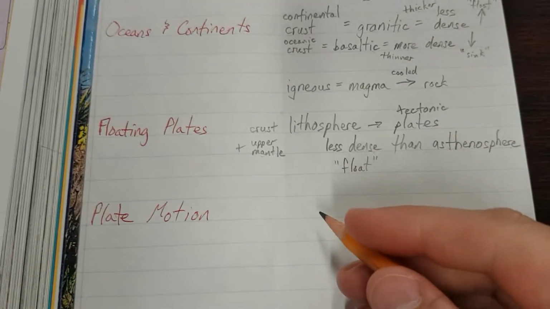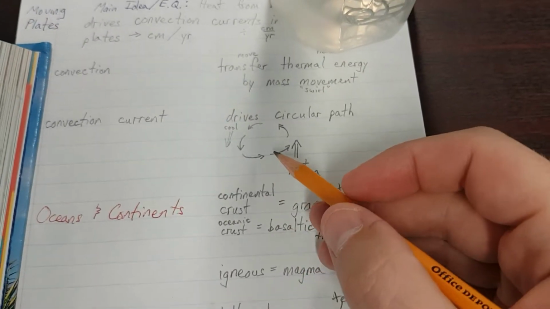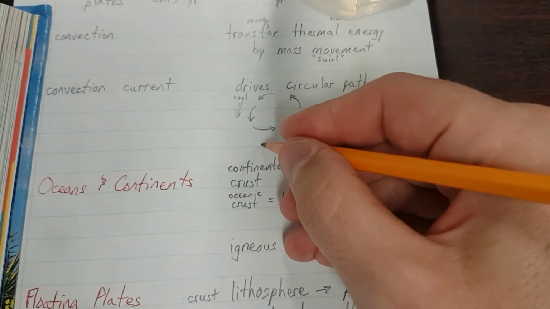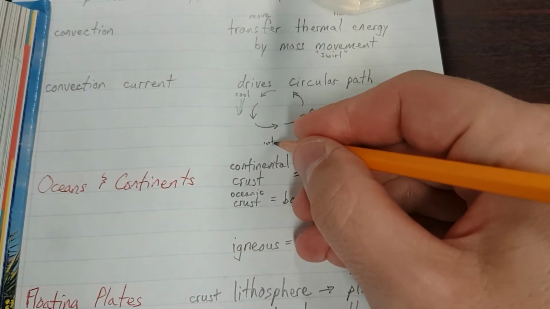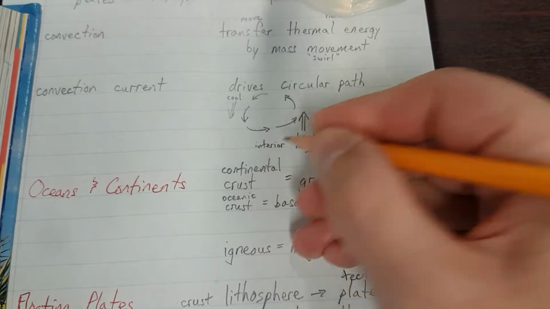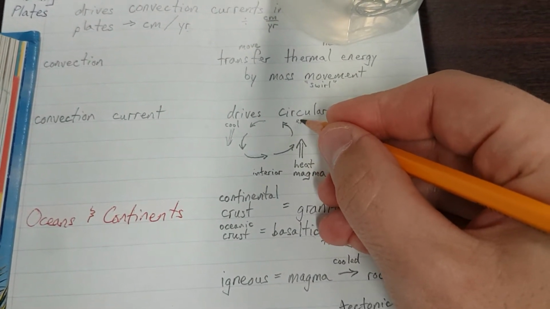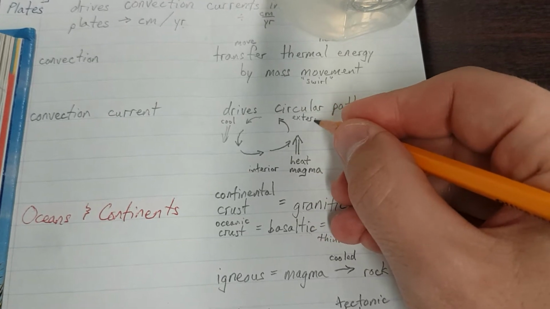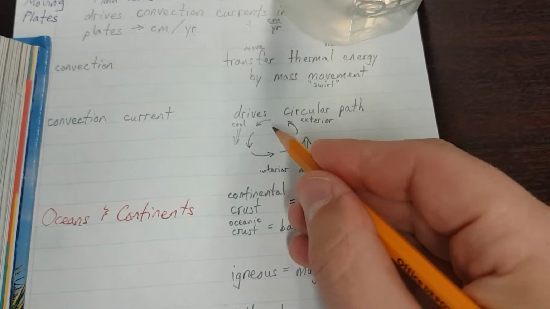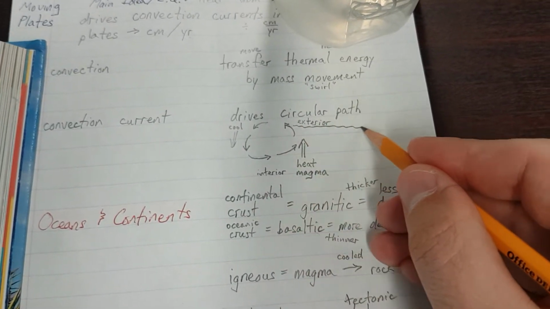Let's go ahead and use this picture up here. We're going to say interior, I-N-T-E-R-I-O-R. Up here, we're going to say exterior, E-X-T-E-R-I-O-R. And let's just go ahead and draw a line like that.